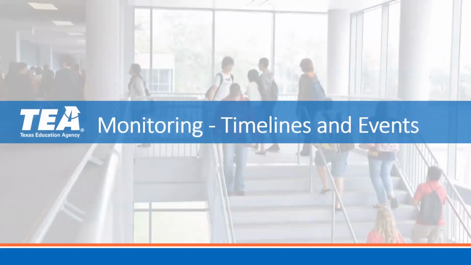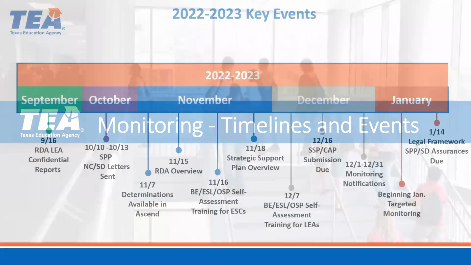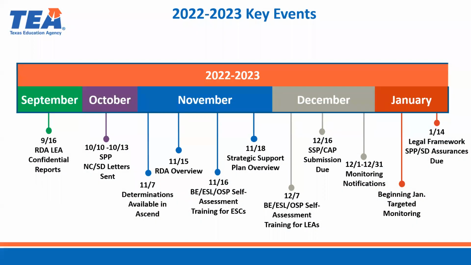Now, let's review timelines and events. Here is an outline of the key monitoring events occurring during the fall and early winter of the 2022-2023 school year. RDA confidential reports were released to LEAs on September 16.